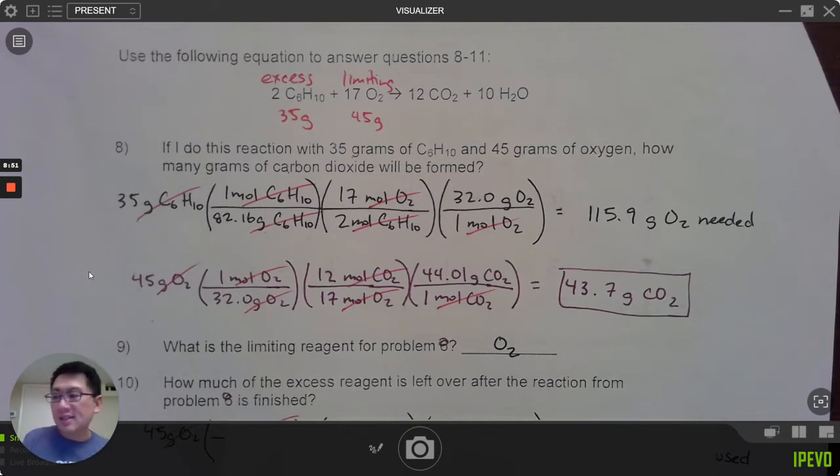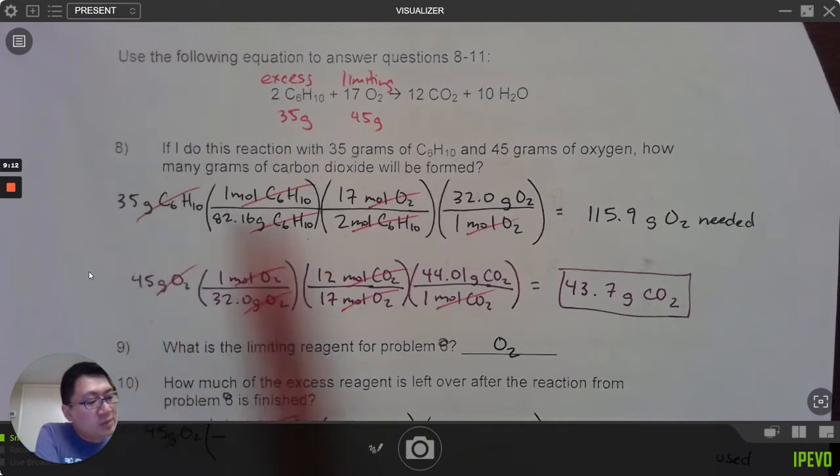How I do it is this. I know I have 45 grams of oxygen, but how much do I actually need? I know I calculated it right there. Meaning, let's say you didn't know you had 45 grams of oxygen. Let's figure out how much oxygen you actually need in this reaction. Well, then it's a grams to grams stoichiometry problem.